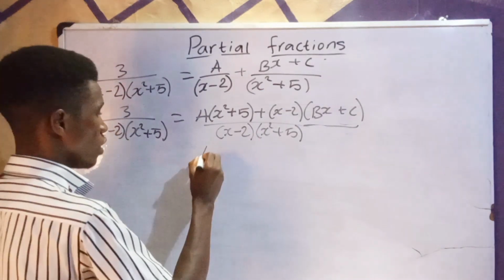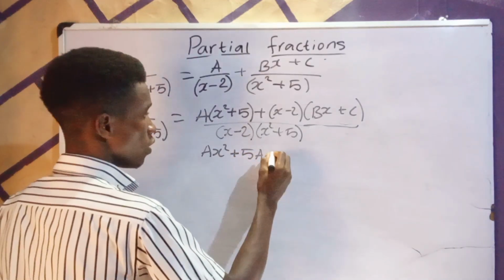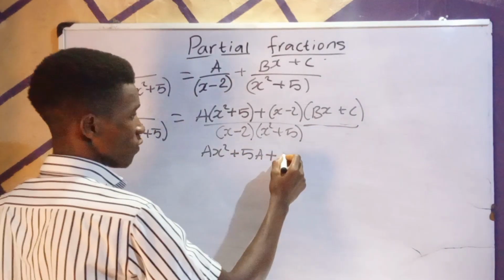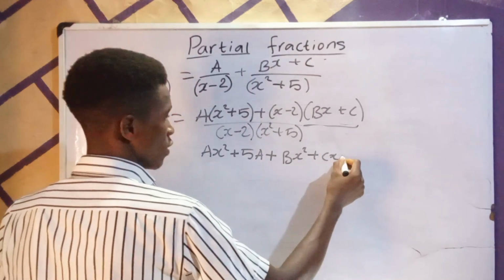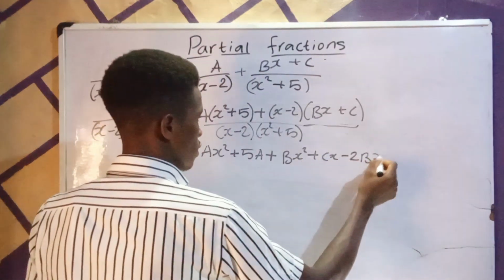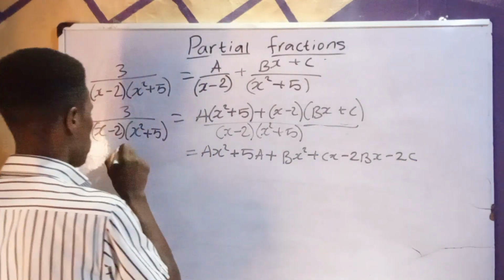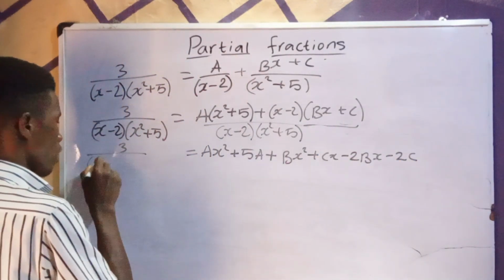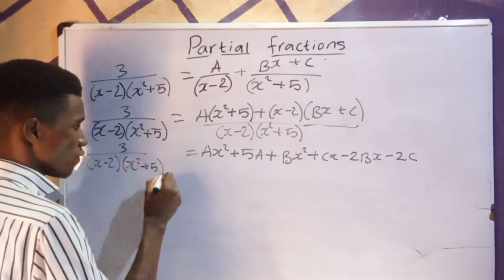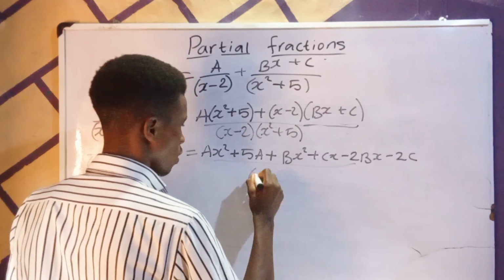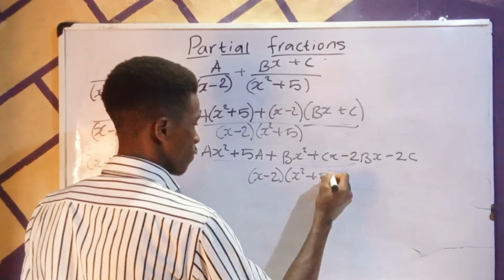So here we have Ax squared plus 5A plus x multiplied through, we have Bx squared plus Cx minus 2Bx minus 2C. This is equal to 3 over x minus 2 times x squared plus 5, the same thing we have here.